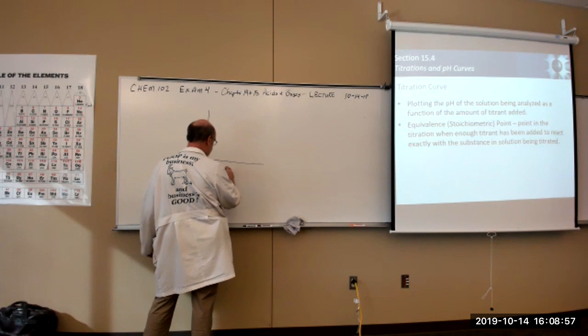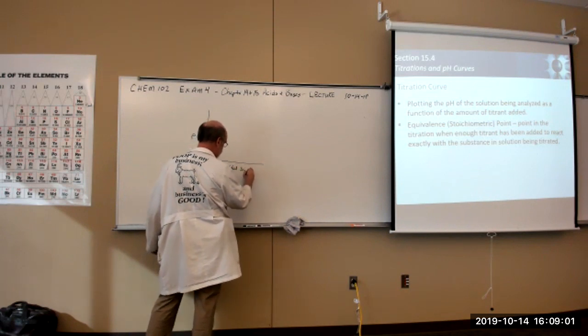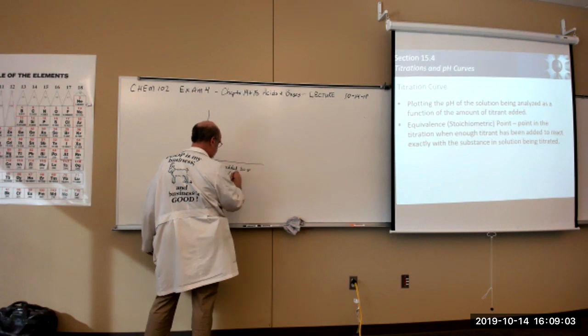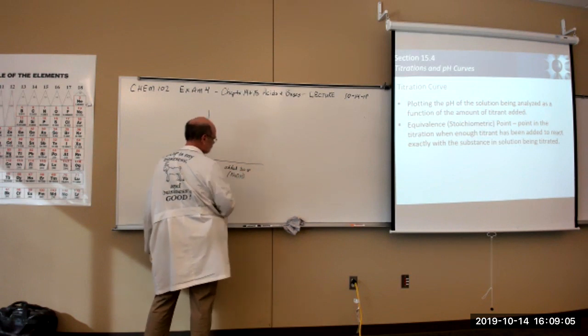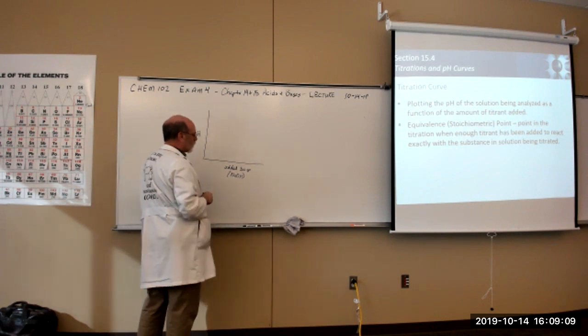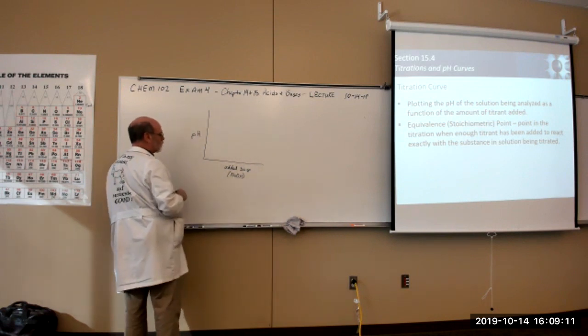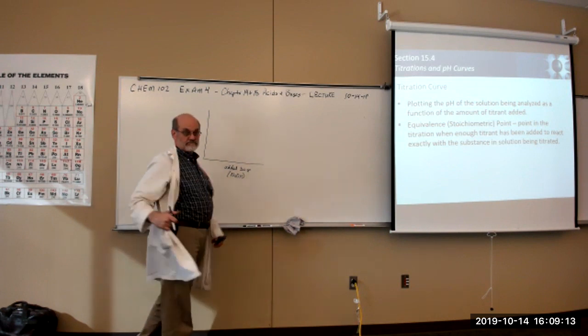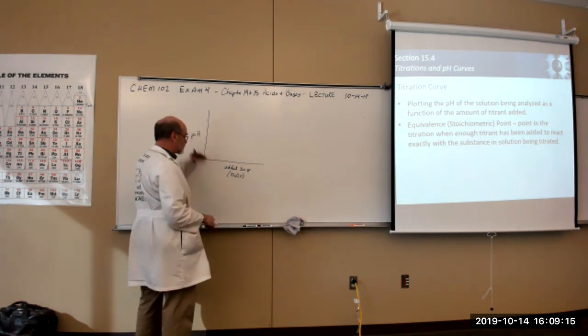So this is the added base. In our case, it's going to be sodium hydroxide. Okay? So we're going to start out with just the weak acid, right? So our pH is going to be low.